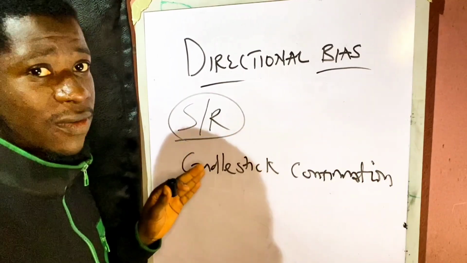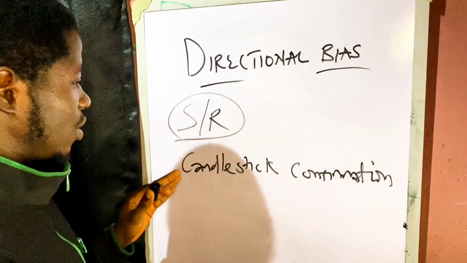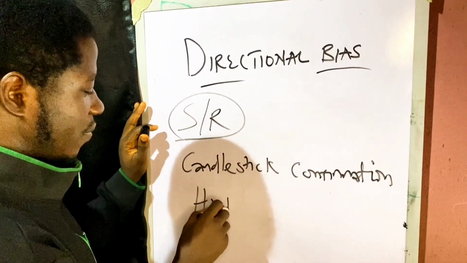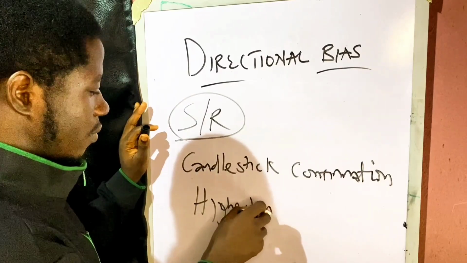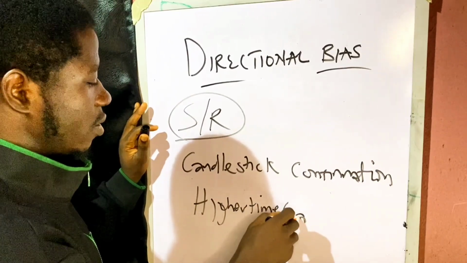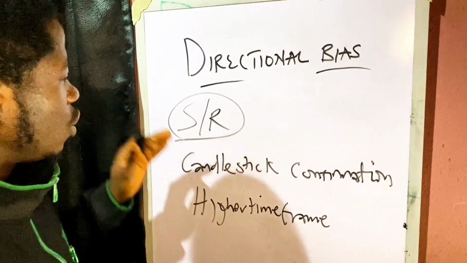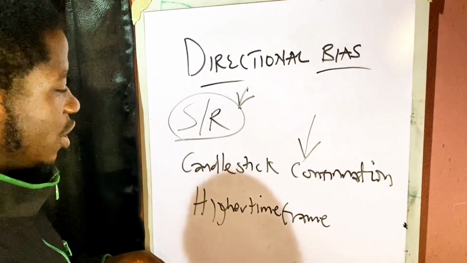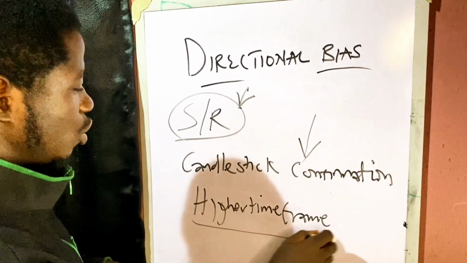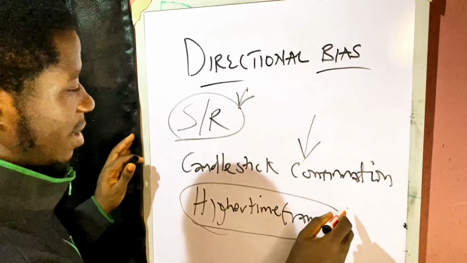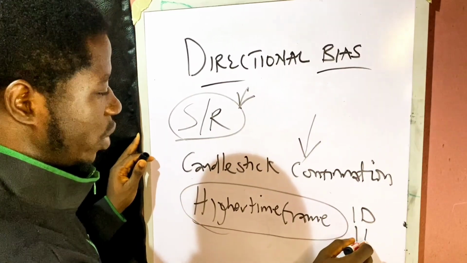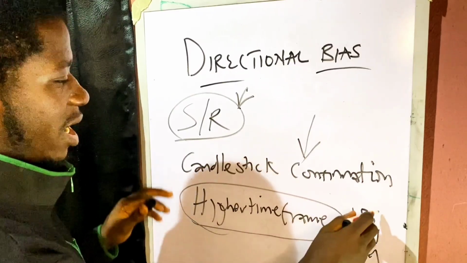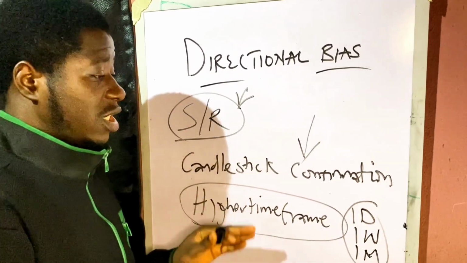Once we get candlestick confirmation, the last will be the higher time frame. So once we have an S&R level and a candlestick confirmation, this all should happen on a higher time frame like the 1 day, the 1 week, or the 1 month, right? These are the time frames that we'll be using for this analysis.